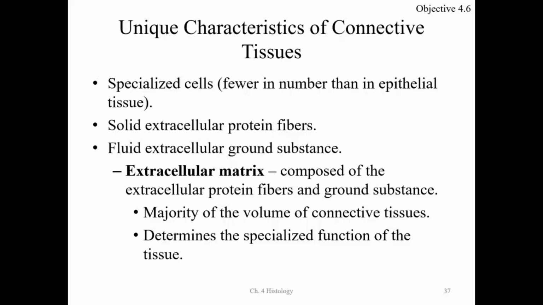Every time we take this connective tissue's extracellular matrix and change it, that determines the function. For example, bone has a very hard mineralized extracellular matrix. Cartilage has more of a gelatinous or even thicker extracellular matrix, whereas blood has a fluid extracellular matrix. Okay? Extracellular matrix determines the specialized function of that tissue.